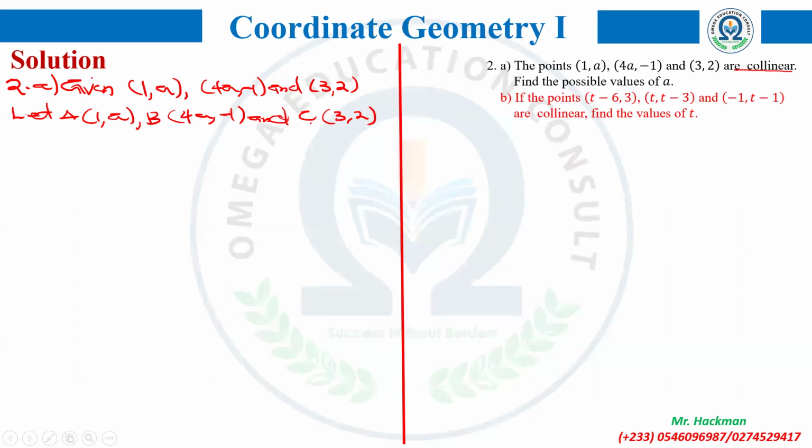However, this is what I am going to advise you again. If you look at what we have there, I can work with A, B, then B, C. I can also work with A, C, and B, C. The more reason why I'm advising you to always go for this is that with this point, it doesn't involve any letters.